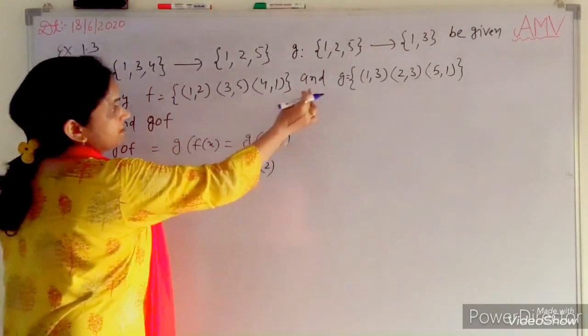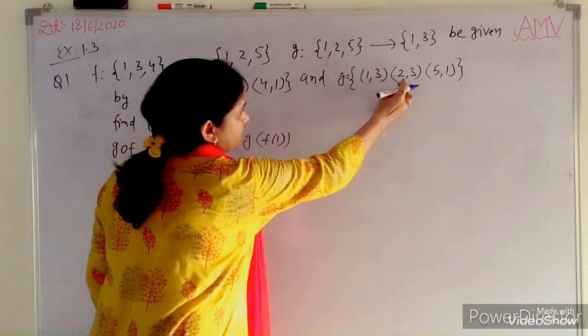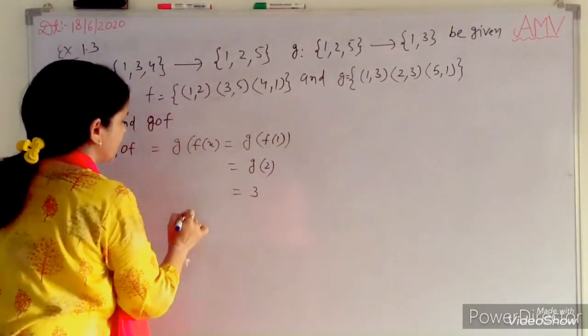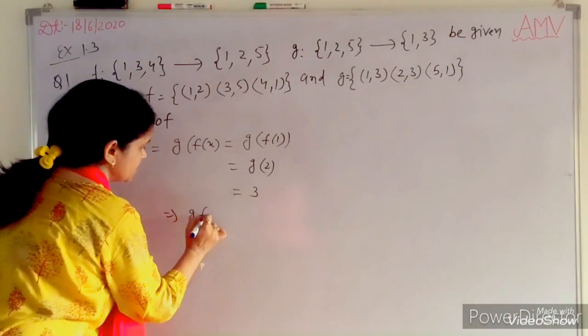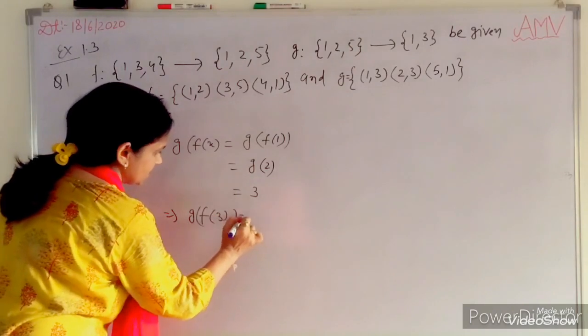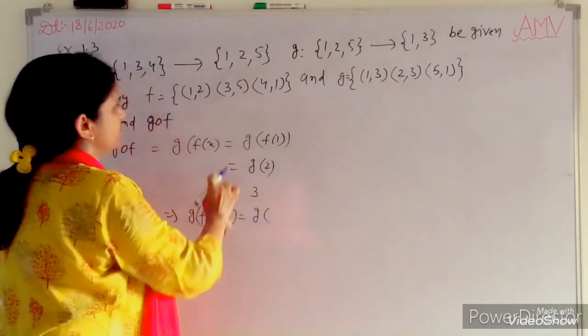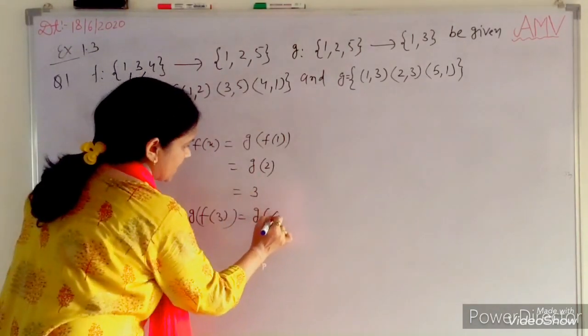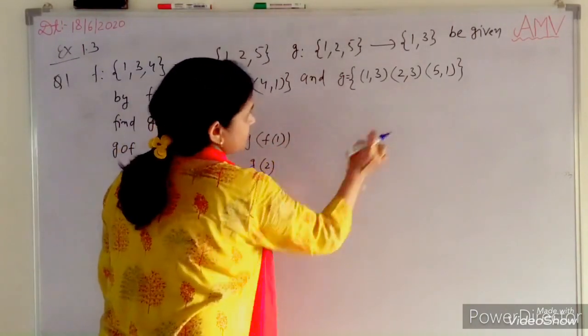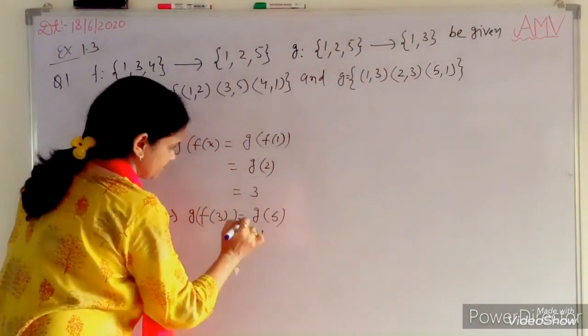Now see in g, the image of 2 is 3, so g(2) is 3. Now the same for g(f(3)). The image of 3 is 5, and now see inside g, the image of 5 is 1.